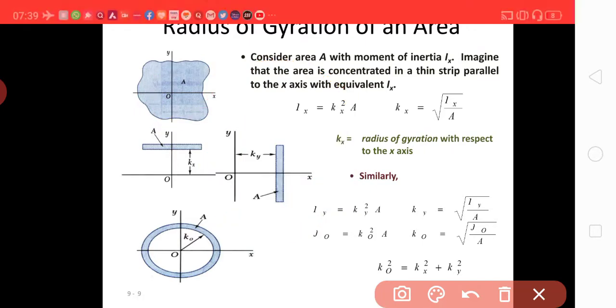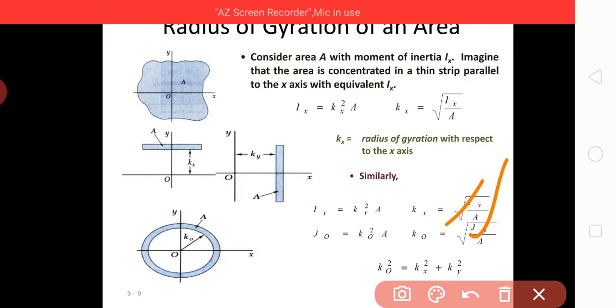Similarly, the case is for this circular lamina: the polar moment of inertia becomes this, and the polar radius of gyration comes out to be this.